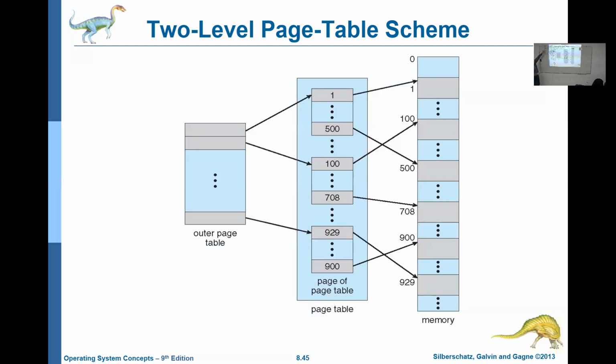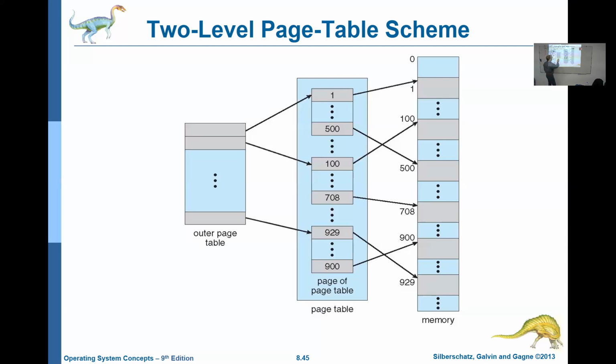We're going to take the page number and divide it into 2 parts. Part of it tells me which page of the page table, and part of it tells me the offset in that page.